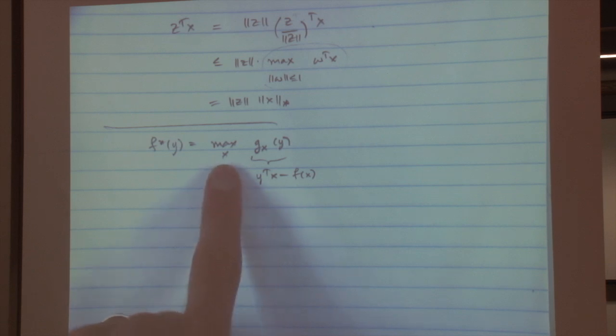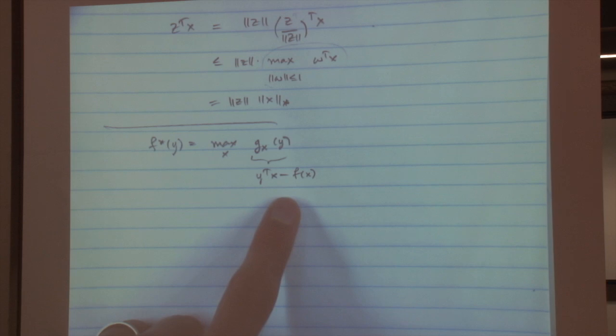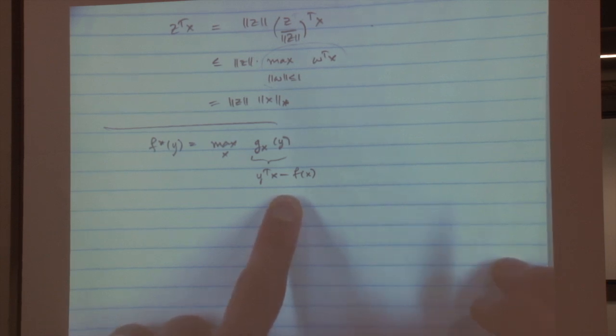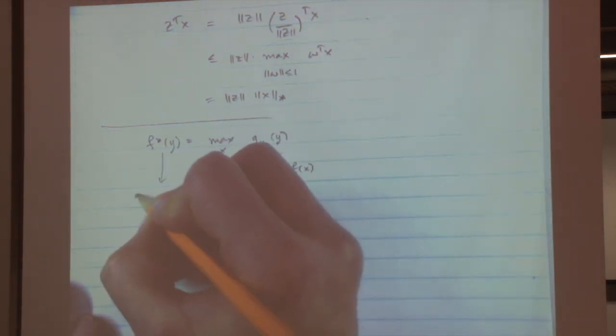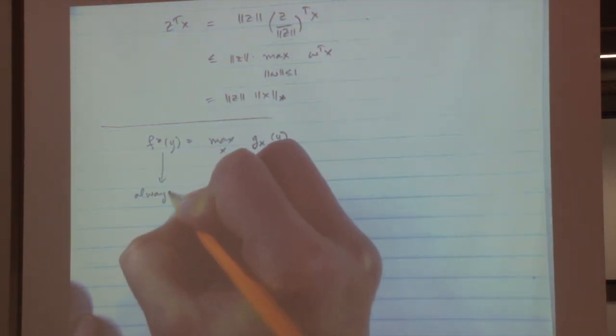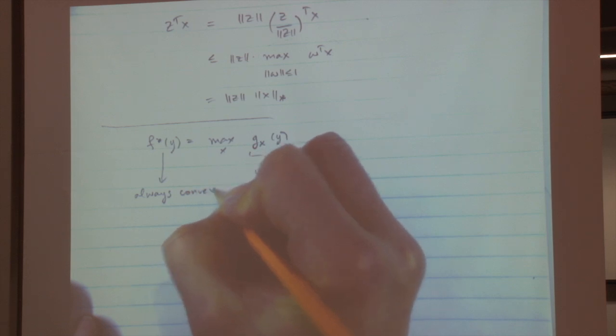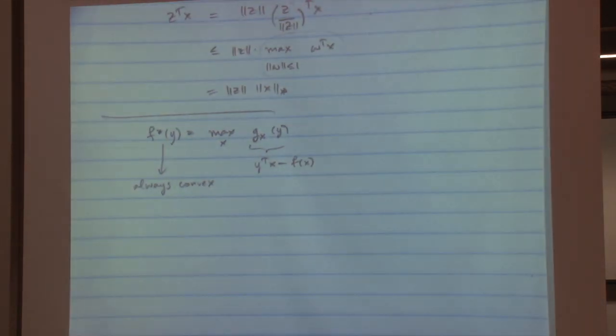I'm taking an infinite maximum of them, but it doesn't matter, because the maximum of convex functions, no matter how many things I'm taking the maximum over, is always convex. So that means that this is always convex, because affine functions are convex, so I'm taking a maximum over convex functions.